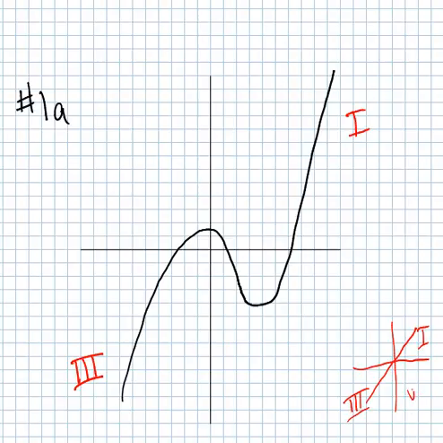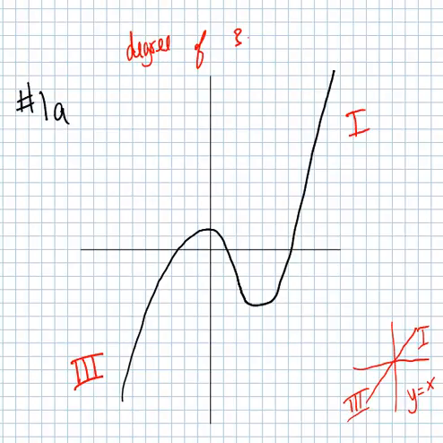So that's the y equals x. Because it goes from quadrant 3 to quadrant 1, that means my function, whatever it is, has a degree of 3 or 5 or 7. Obviously not a degree of 1 because that'd be a straight line. So a degree of 3 or 5 or 7.